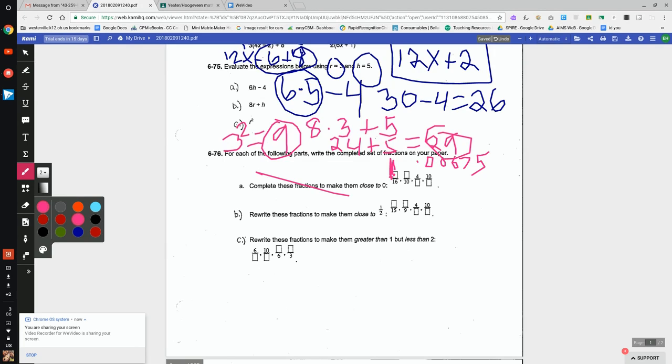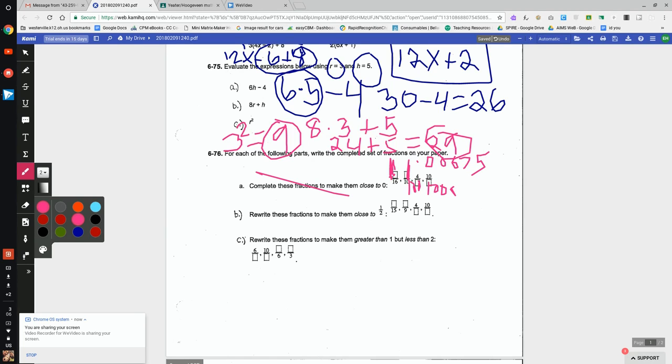Since 10's on the bottom, I think the closest thing I can get would be 1. Instead of 4 on top, I'm just going to put like 100. That should work. And then 10 on the top, I can even do it out of like 1,000. Any number that's close to 0. Can't really screw that one up.